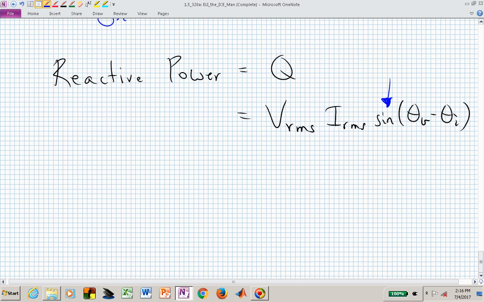And we will put the units of this. This won't be watts. This will now be volt amperes reactive. Watts is obviously volt amperes, but now we want that unit of the reactive power to be distinct from the real power, and we'll now say that this is volt amperes reactive.